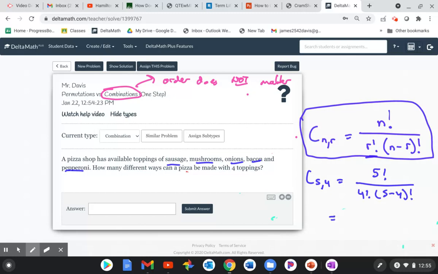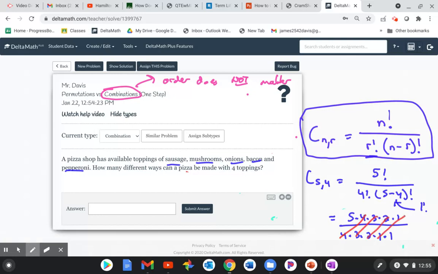So if we write this out, 5 times 4 times 3 times 2 times 1 on top. In the bottom, we got 4 times 3 times 2 times 1. And then 5 minus 4 is just 1, so it's 1 factorial, just times 1 again. So when we do this, the 4's cancel, 3's cancel, 2's cancel, 1's cancel.